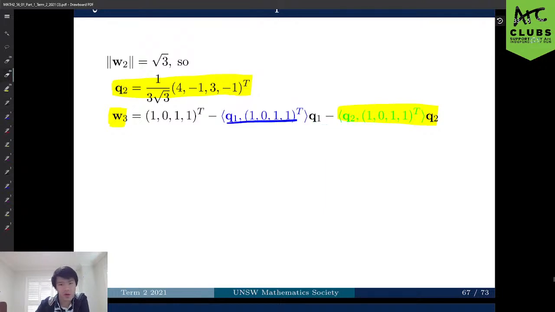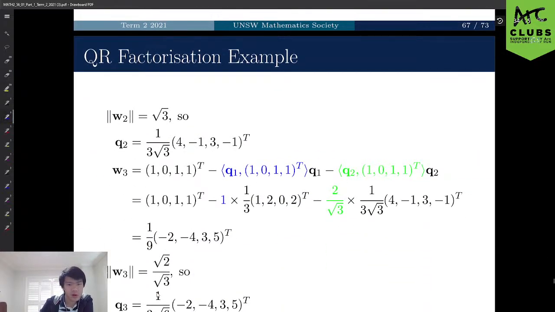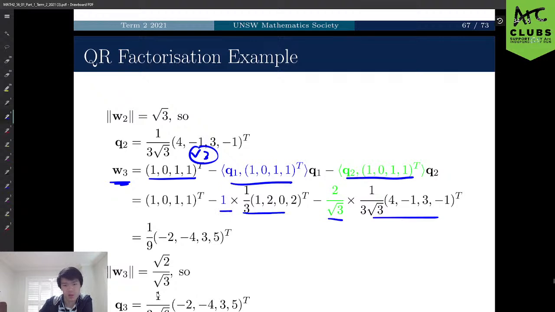Right, so now we have our nice little formula, and we can move down. Now W3 is equal to V3 minus its projection onto Q1 and Q2. So we get this and that, and we get that and that. And again, these inner products will form the basis of our R matrix. So let's just put them aside and keep them here.